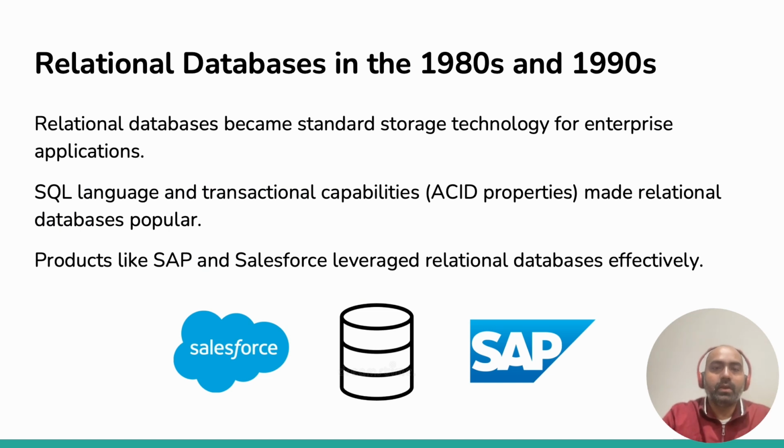Now, relational databases have obviously been ruling the world ever since the 70s, right? In the 80s and the 90s, we had all these different databases come up. The more popular ones are Oracle, right? Oracle is obviously a big player in this game, and they came up with this concept of ACID properties, which are very useful in the database world, right?